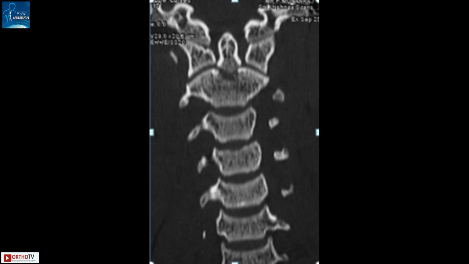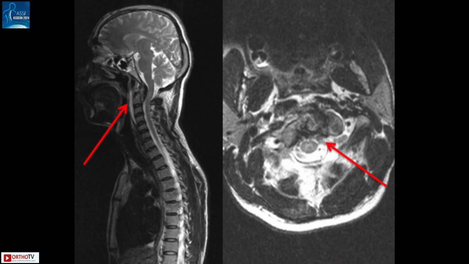Sometimes you may see avulsion of the transverse ligament, which would be a relative contraindication for this procedure. MRI may not have a significant role, but it may sometimes show a disruption of the transverse ligament. In a patient with normal neurology, the role of MRI is usually very limited.